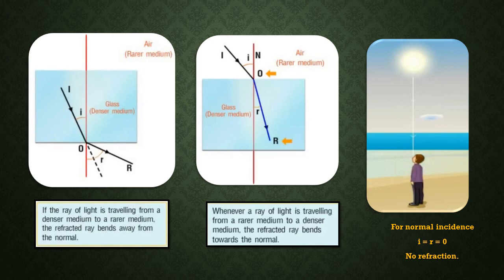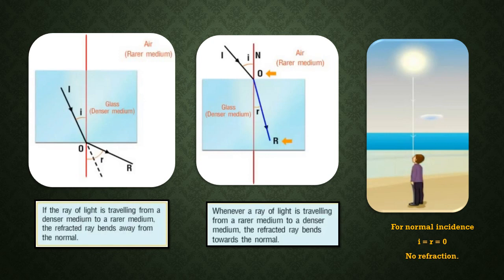Here R is the angle of refraction. This dotted line is showing you the original path of the incident ray, but it is bending because it is moving in the rarer medium, and in the rarer medium the speed of light increases. Due to that increase, the angle of refraction increases.